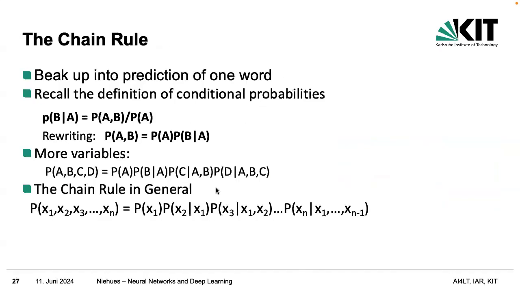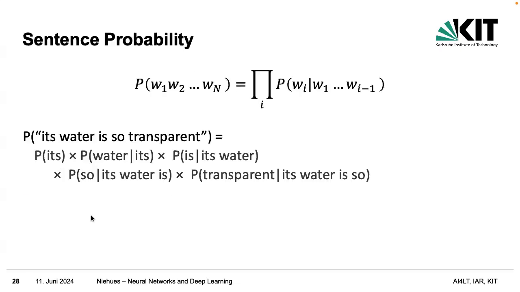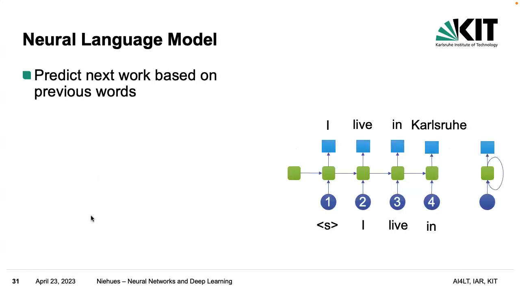You have conditional probabilities only for the first part, where we only had P of A. Of course, in neural networks, it should always be the same. So the trick is we say this is not P of A, but P of A given the start of the sentence. So you can do that then in the neural network.